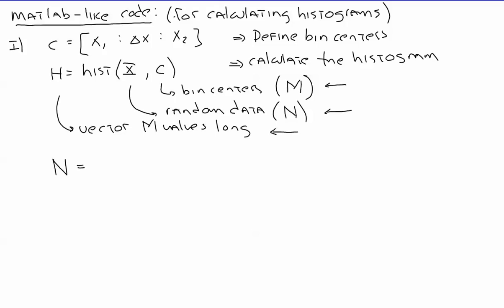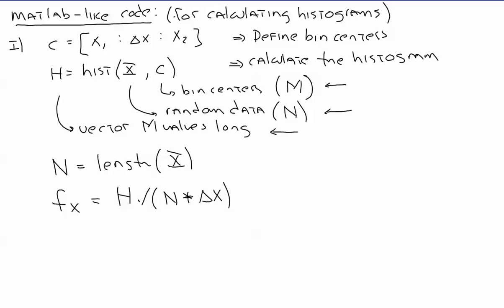Capital N is just then the length of X. My probability density function estimate will be H dot slash N times delta X. This will also be an M point estimate of my PDF.